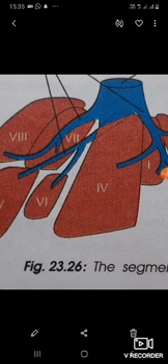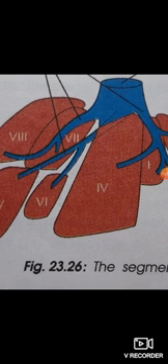Now we will see the histology of the liver. Liver is covered by Glisson's capsule. In the pig, there are hexagonal lobules with the portal radicals at 3 to 5 corners.